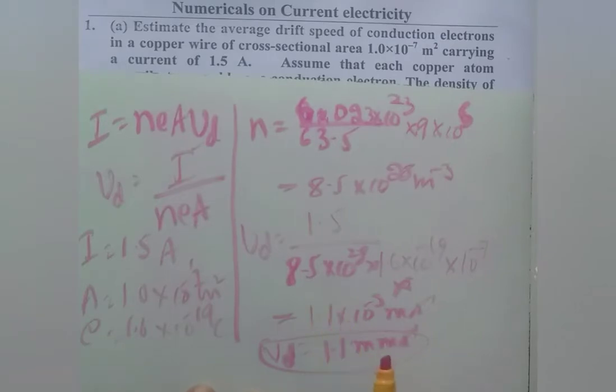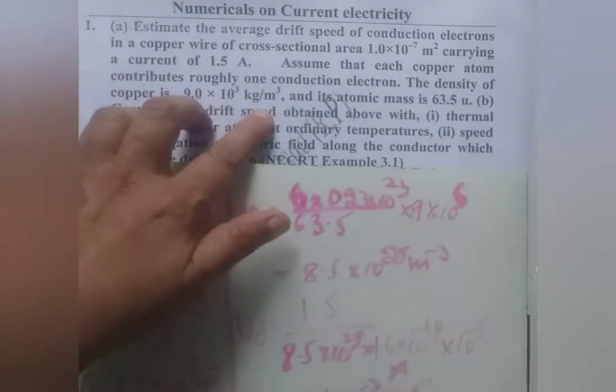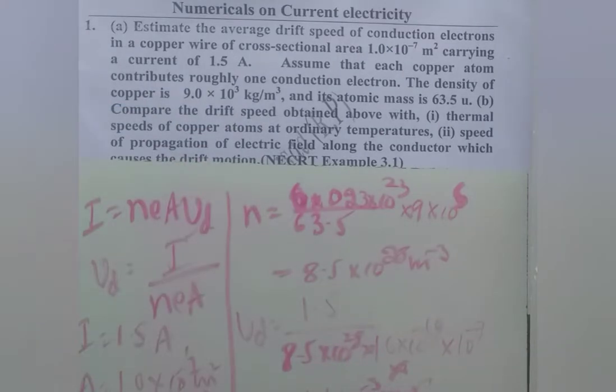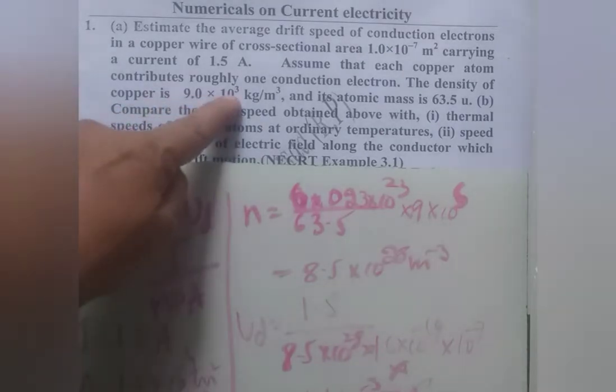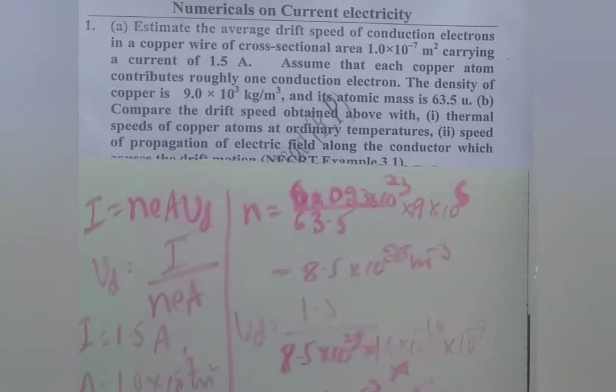And now we have density: 1 meter cube of copper has mass 9 into 10 raised to 3, converted into grams is 9 into 10 raised to 6. So we get N as 8.5 into 10 raised to 28 per meter cube. That is the drift velocity calculation.